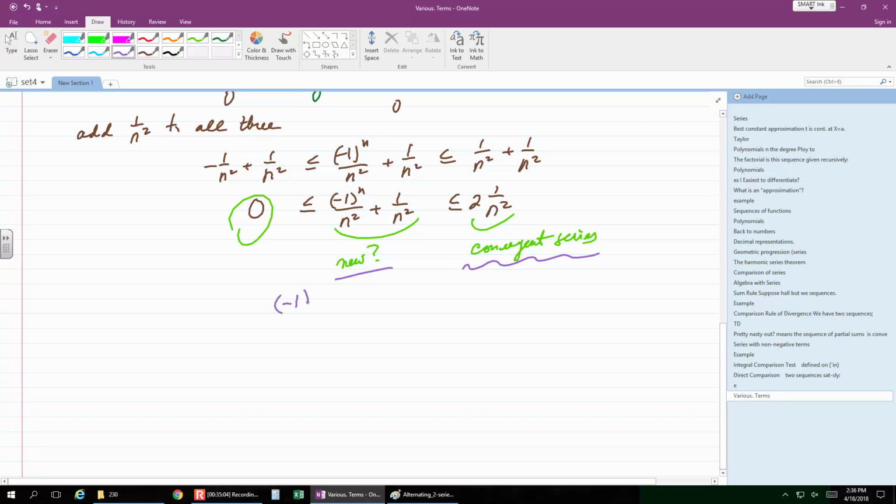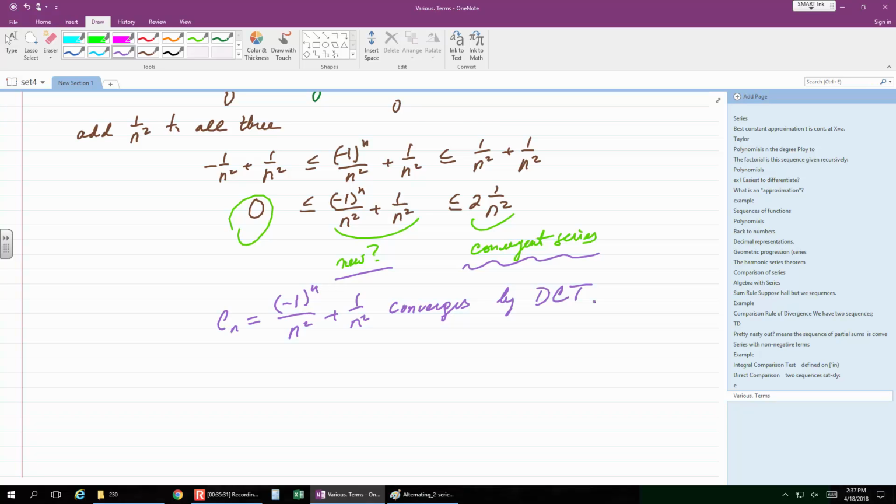So (-1)^n/n squared plus 1/n squared, let's call it Cn, converges by the direct comparison test. A positive term series less than a convergent series also converges.